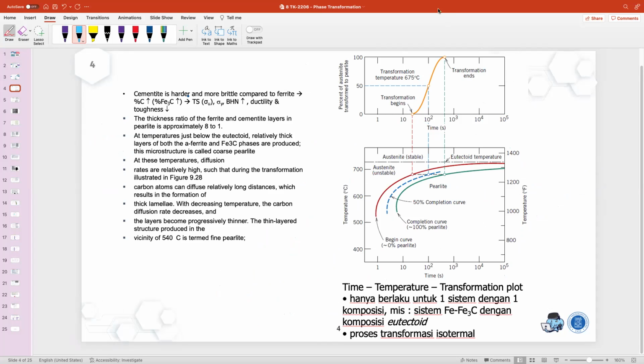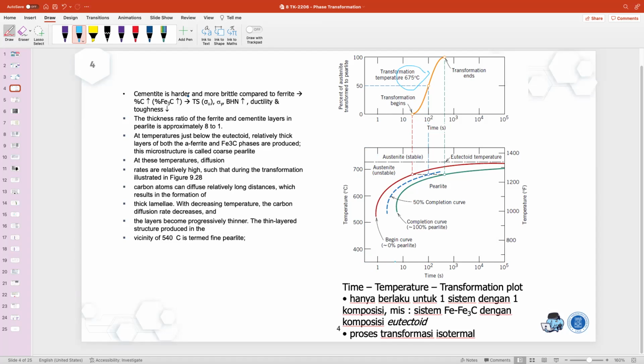Okay, so let's say this is at a transformation temperature of 675 degrees Celsius, and then I put it into a time and temperature diagram.